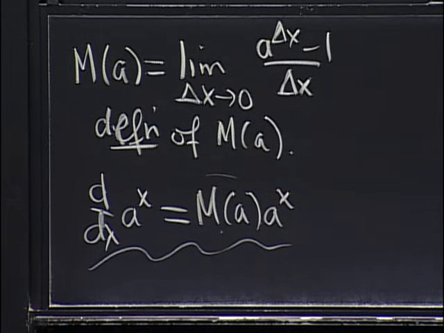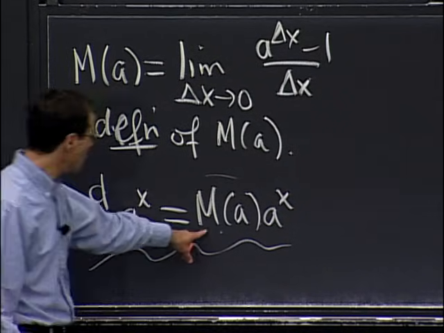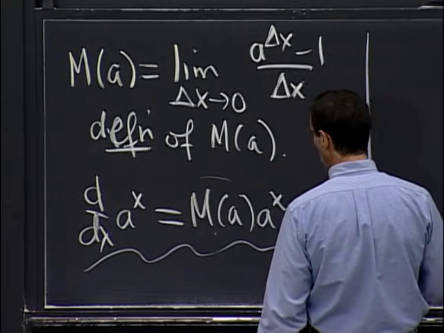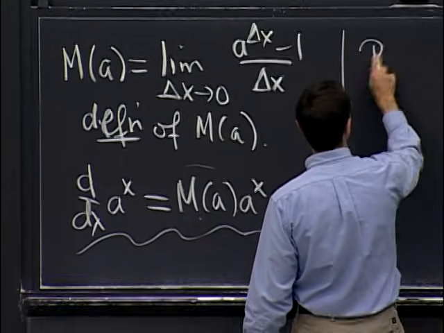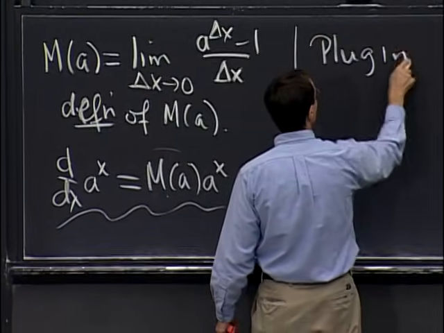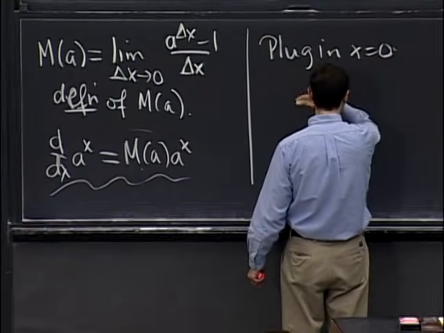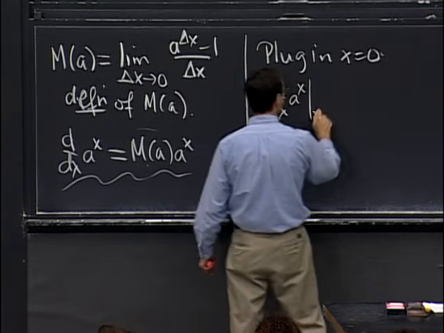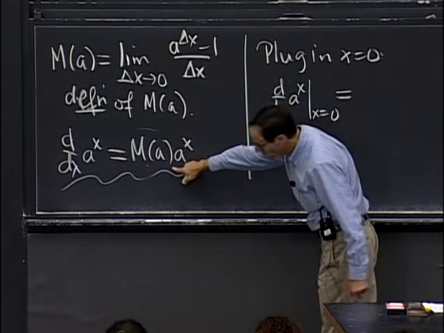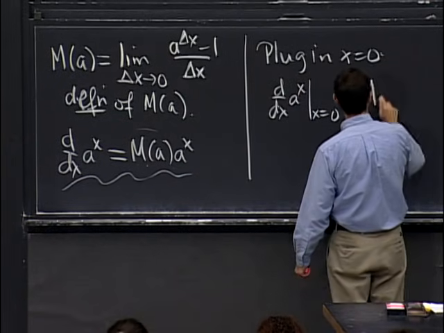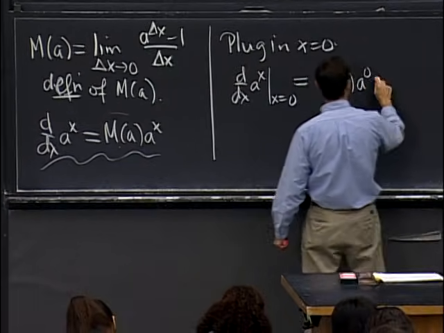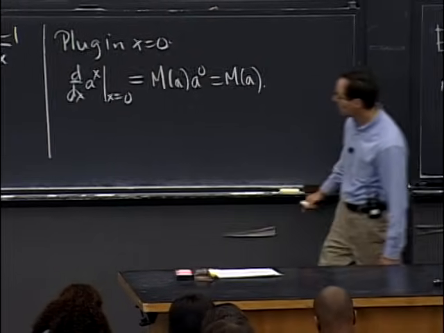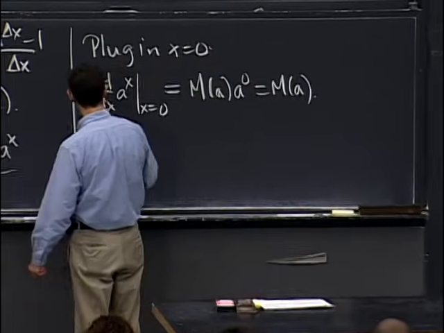Now let me point out two more things about this number m of a. First of all, if I plug in x equals 0, that's d by dx of a to the x at x equals 0. According to this formula, that's m of a times a to the 0, which is, of course, m of a. So what is m of a? M of a is the derivative of this function at 0.